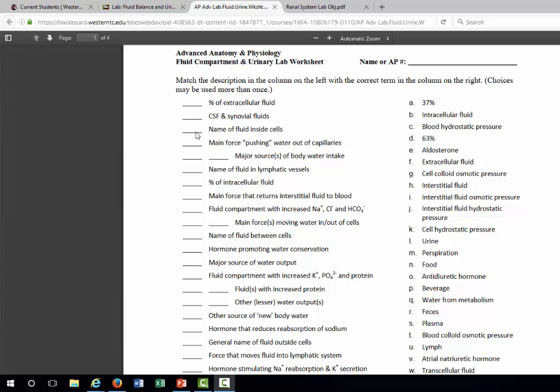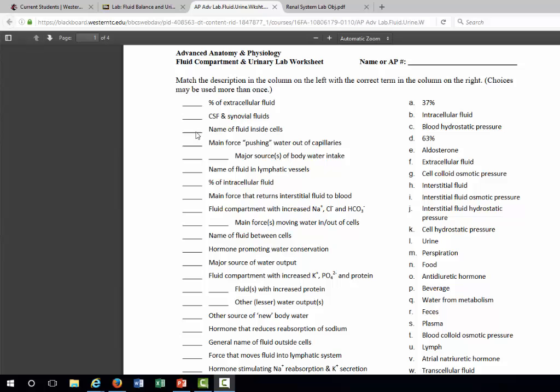Yep, that would pull fluid out of cells, right? Depending where there is more solute, of course. Name of fluid between cells. We've known this all semester, hopefully. We talk about it a lot. H, interstitial fluid.